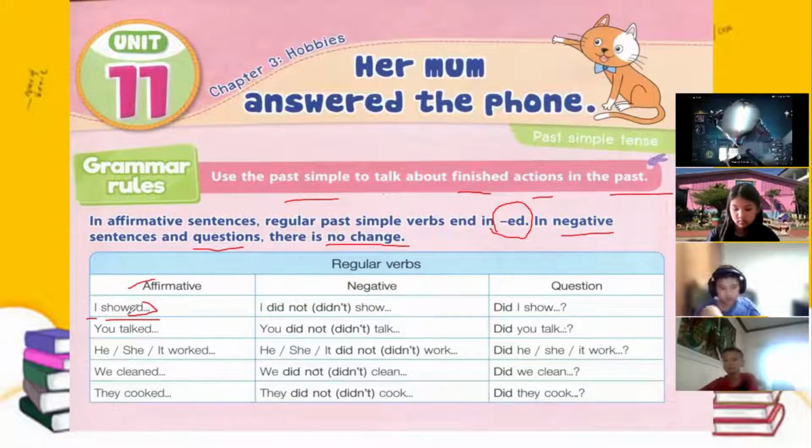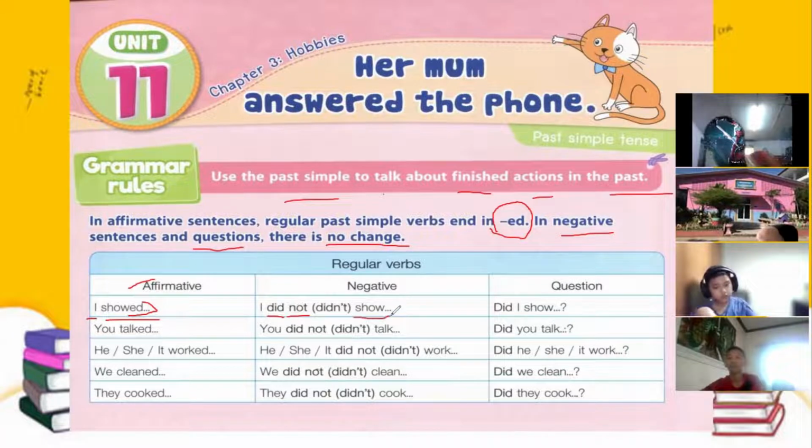So if we change the same sentence into negative, what do we have to do? We have to add did and not. I did not show. Here you can see the action is show, but we remove ed. It's unchanged.